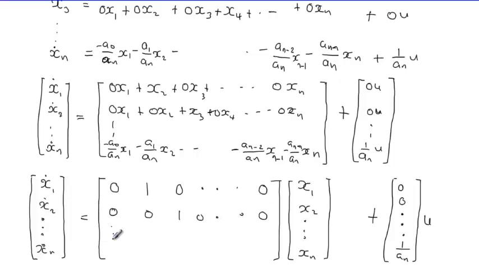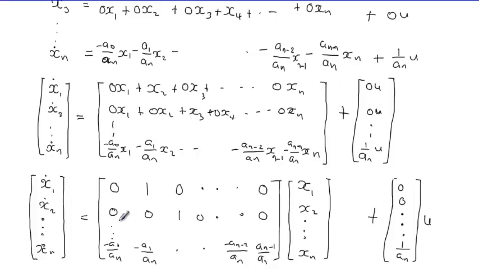Then continuing with that, at the end you are going to have minus a0 over an, then minus a1 over an, then dash dash up to minus an minus 2 over an, and lastly an minus 1 over an.